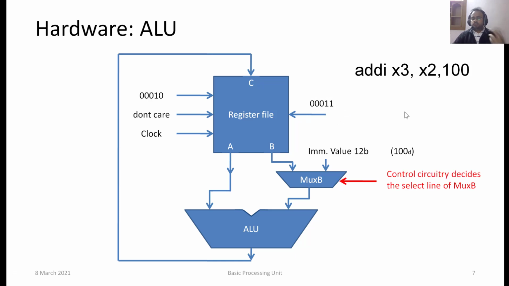Again, the control circuitry needs to generate the select signal for this mux B. As a quick example, if it were an add instruction, the control signal would make mux B select B. If it is an ADDI, then it would select the immediate value.